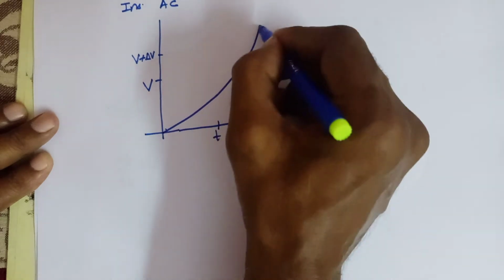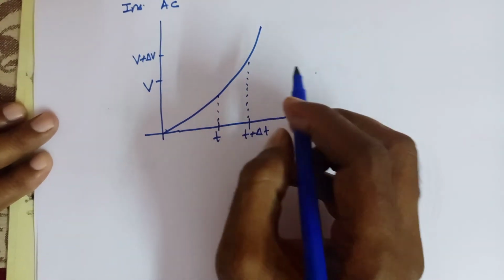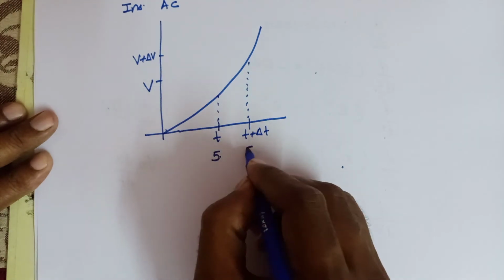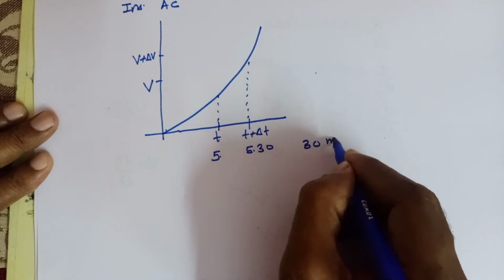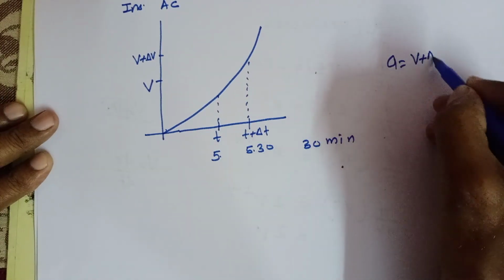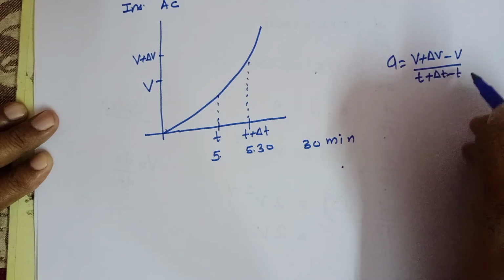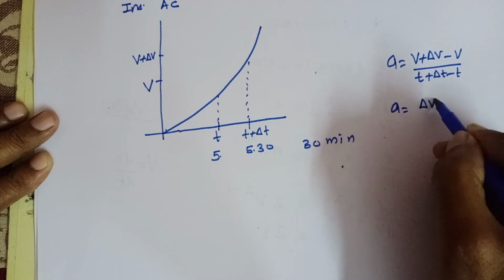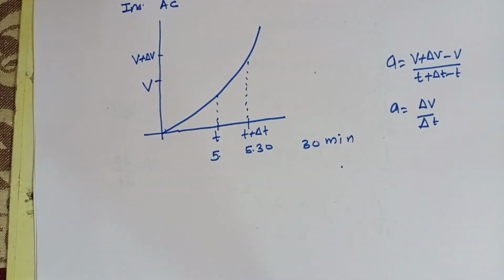If the gap is too much, then we will get the average acceleration. Suppose this time is 5 o'clock and this time is 5:30, so the time interval is 30 minutes. In this case, the acceleration is the final velocity minus initial velocity upon time, so it will become average acceleration delta v by delta t. That acceleration is called the average acceleration.